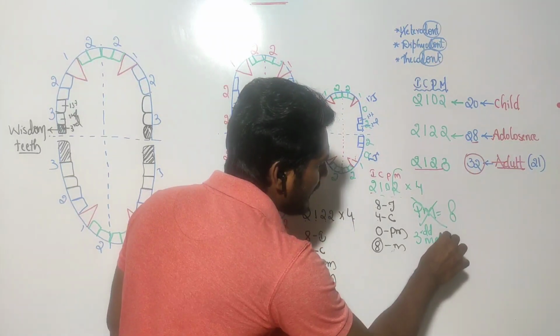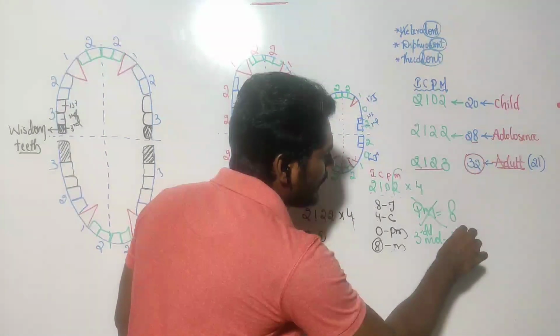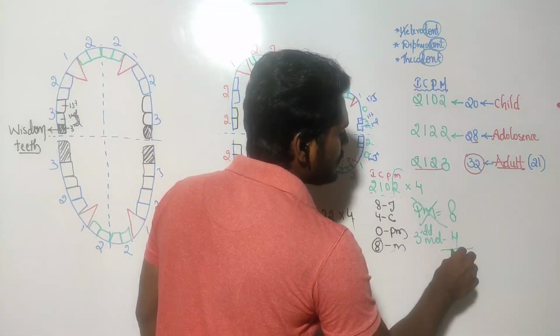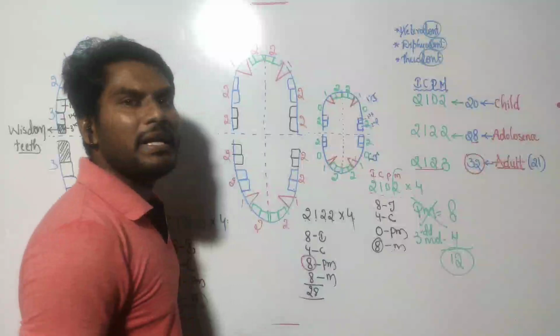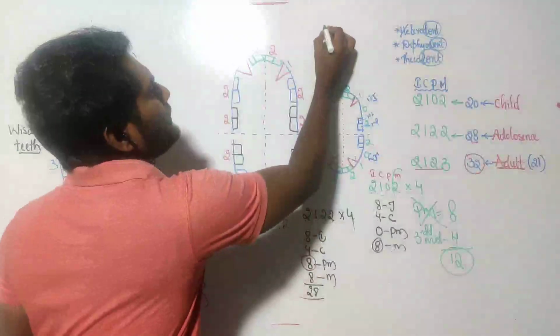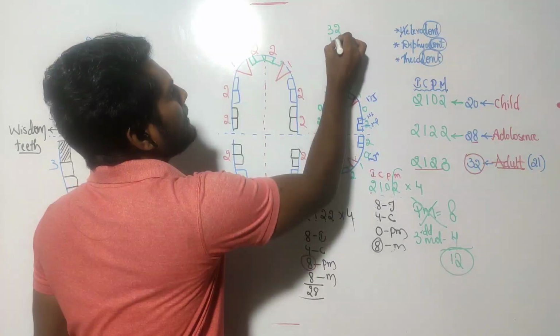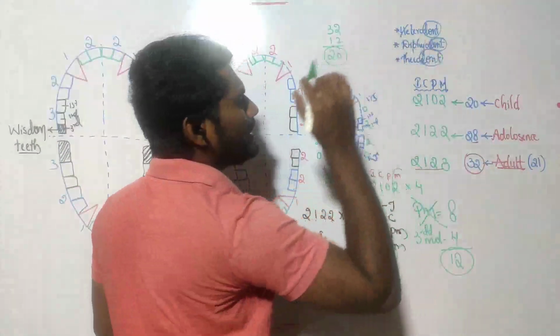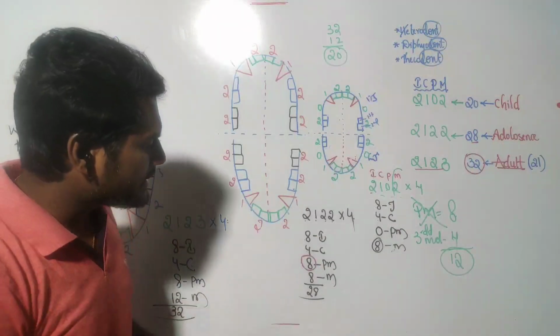How many third molar teeth? 4. So 8 plus 4, how many? 12. So the child doesn't contain 12 teeth. Because of that, 32 minus 12 is equal to 20. The child contains only 20 teeth. That's all. Next, you come here.